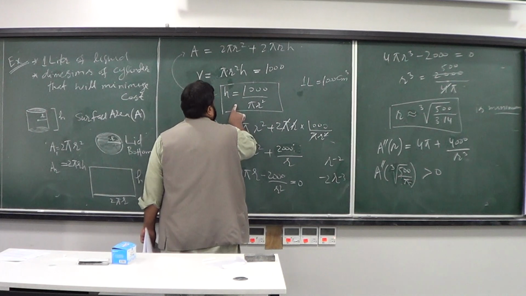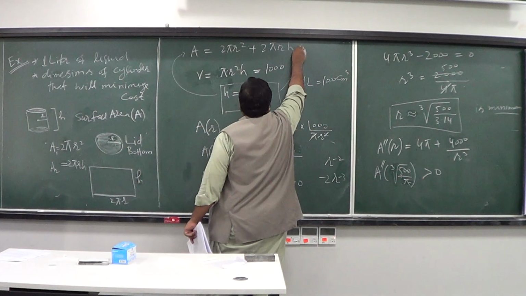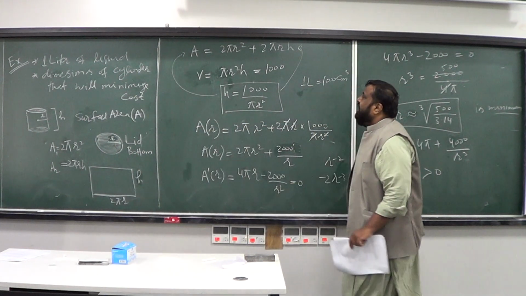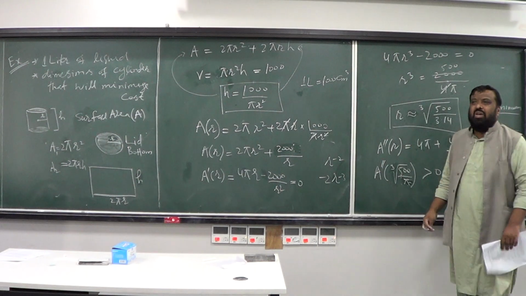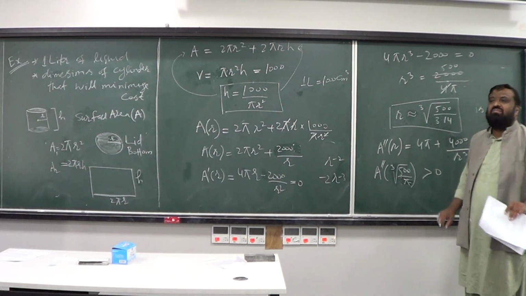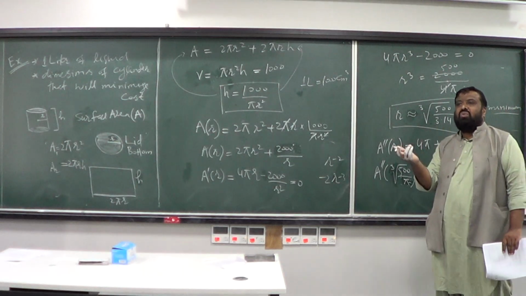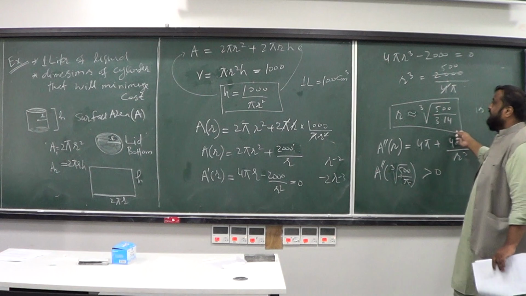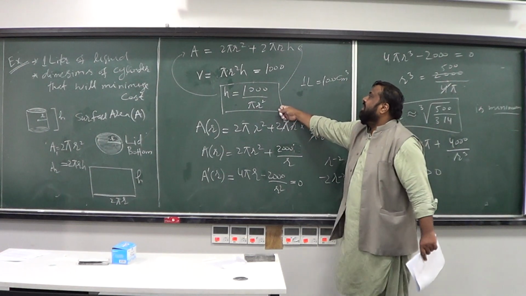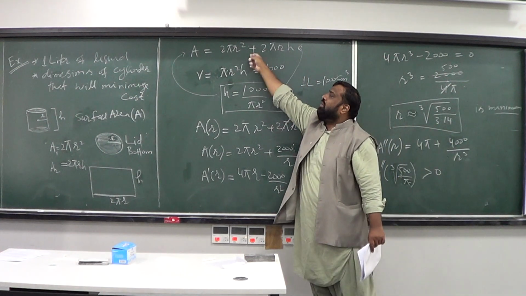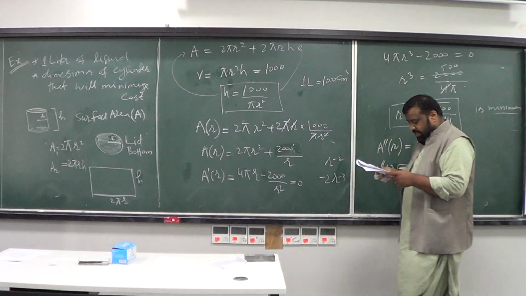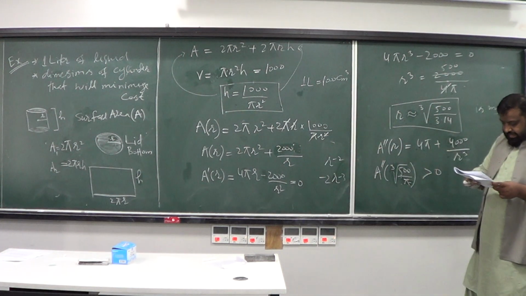Once you have calculated this h, substitute it back into A, and that will provide you the minimum surface area of the cone. So you know the radius, substitute it here, you get the height, substitute r and h in this formula and you're going to get this minimum area.